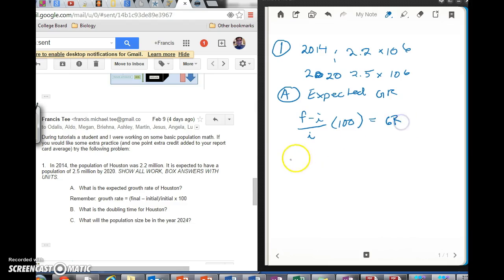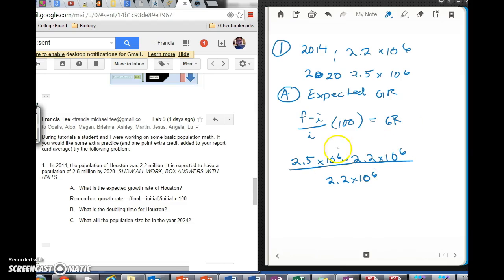Right. So our final date is 2020 at 2.5 million people. So we have 2.5 times 10 to the 6th minus our initial date, 2014, with 2.2 million people, 2.2 times 10 to the 6th, divided by our initial population, which was again 2.2 million.